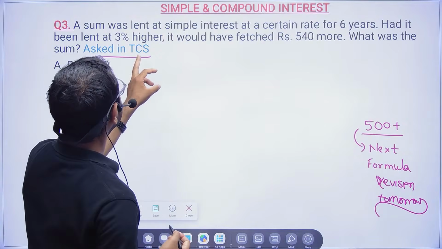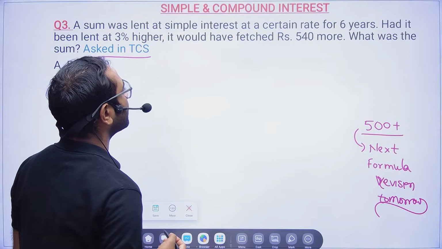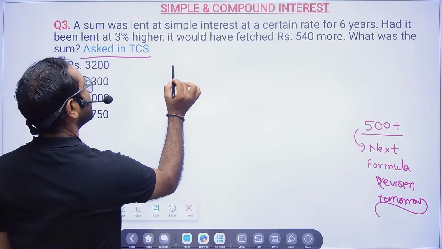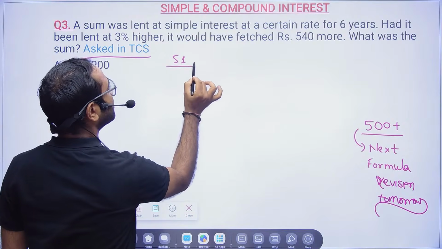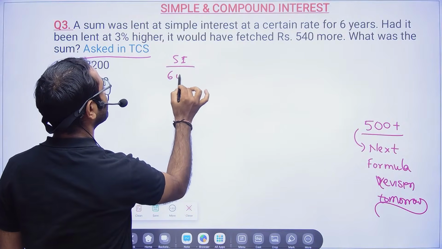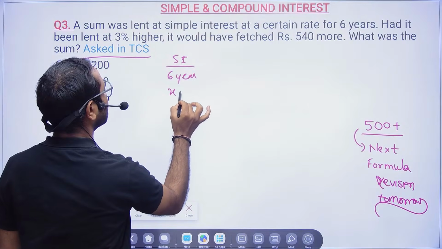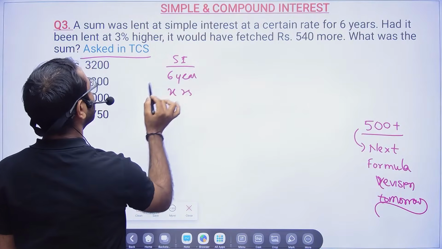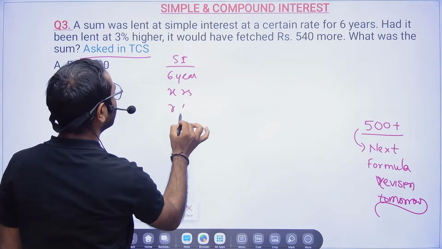A sum was lent at simple interest at a certain rate for 6 years. So now, simple interest. Suppose x rupees was lent at r% rate of interest.